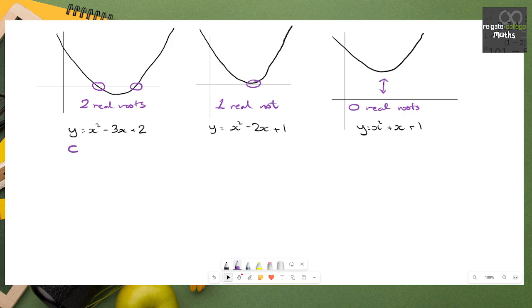So if we think about 0 equals x squared minus 3x plus 2, we know that x is minus b plus or minus the square root of b squared minus 4 times a times c all over 2a.